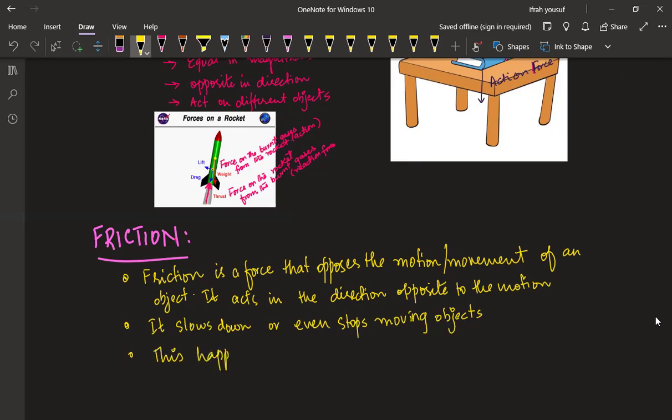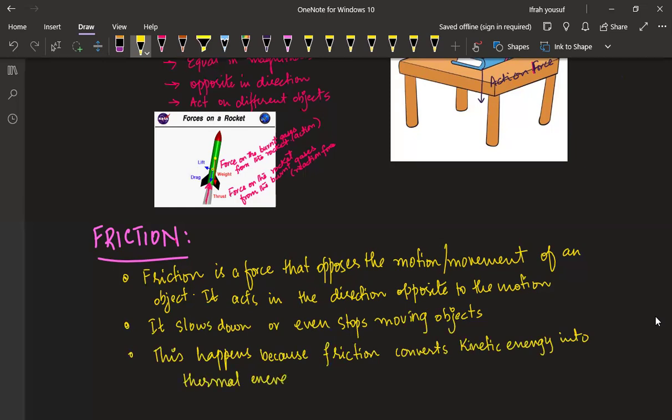This happens because friction converts the kinetic energy, because you are moving the object, into thermal energy.